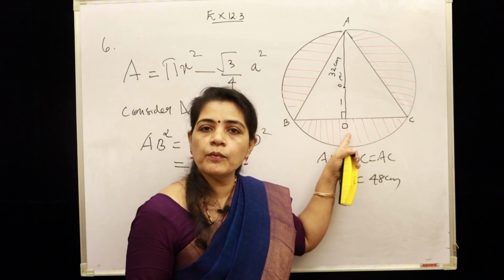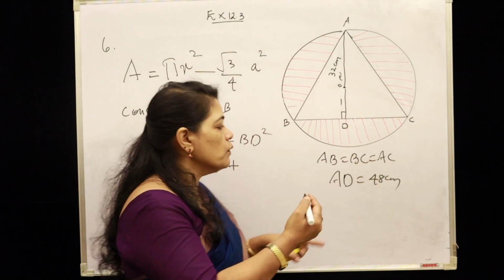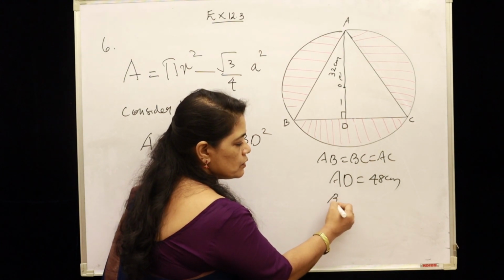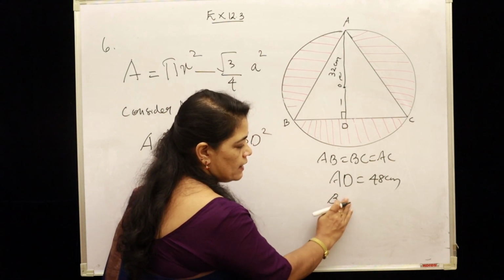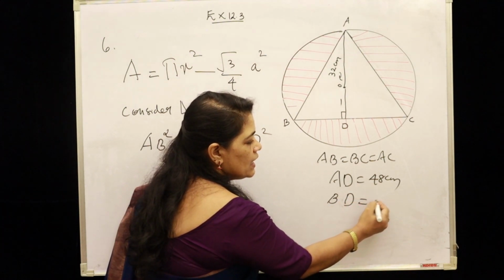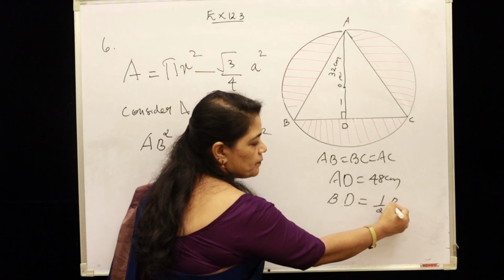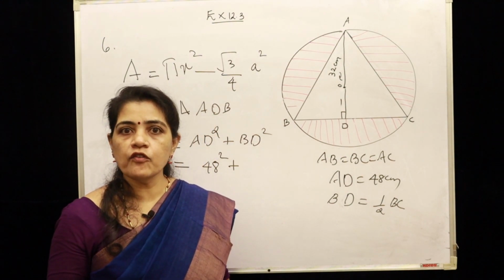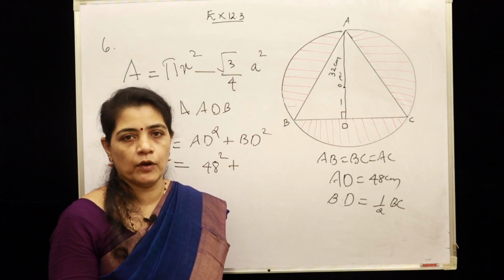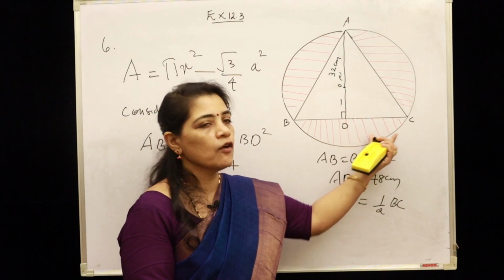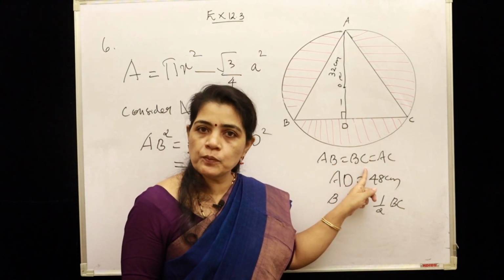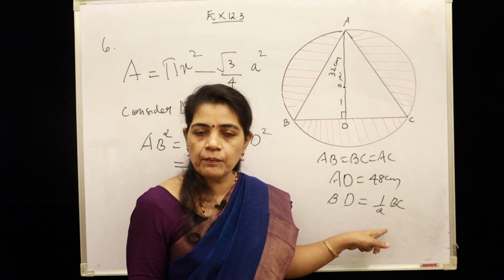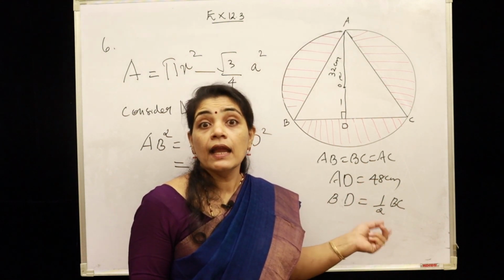Since D is the midpoint, can we write BD equal to half of BC? Half of BC, right? Because D is the midpoint, this portion will be half of the total length of BC. And since AB equals BC, I am going to replace BC by AB.